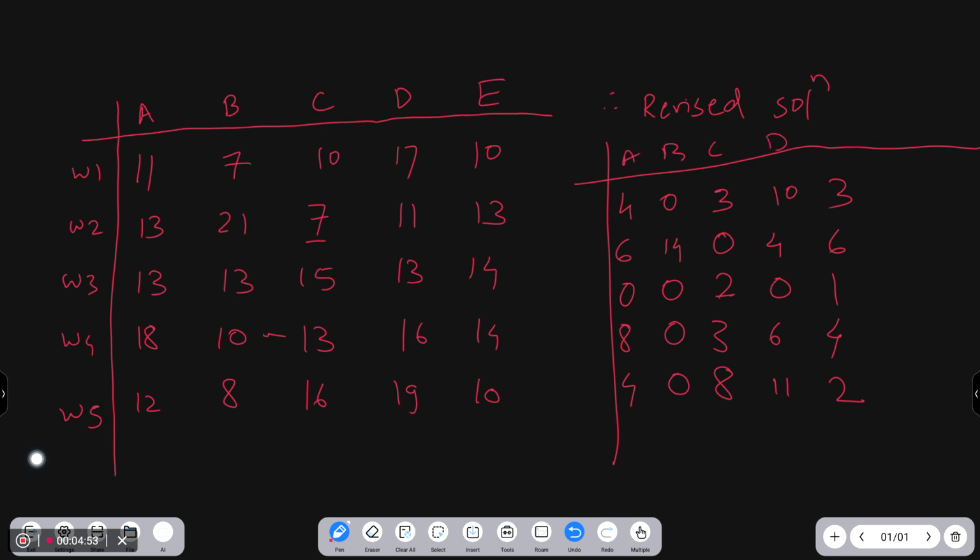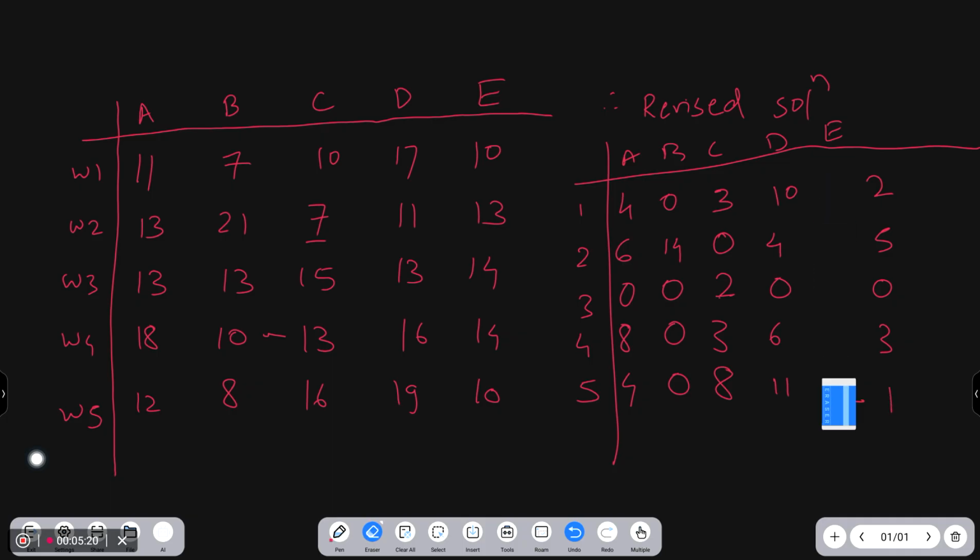If any particular column does not contain 0, you have to find the smallest number and subtract it from all. Which is the smallest here? 1. So the revised solution here is 2, then 5, 0, 3 and 1. And these values we have to erase.